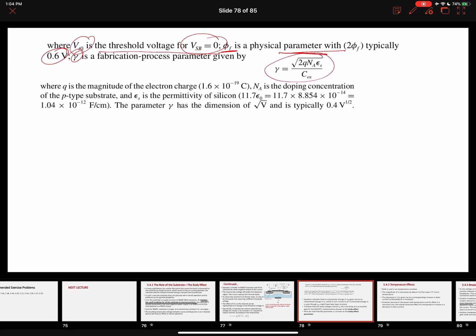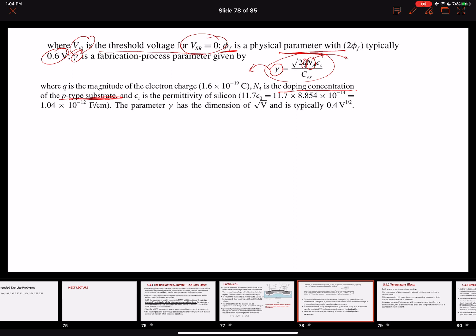Q is the magnitude of the electron charge, NA is the doping concentration of the p-type substrate. So with different doping concentrations, we can impact this gamma value, which in turn will change our threshold value as well.